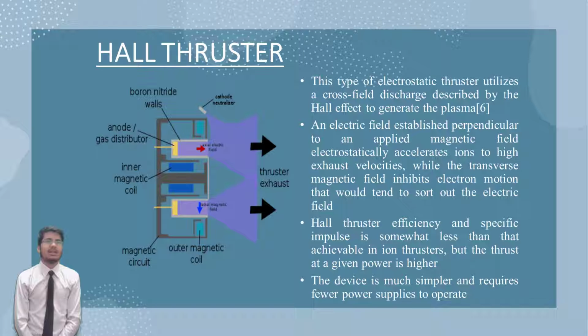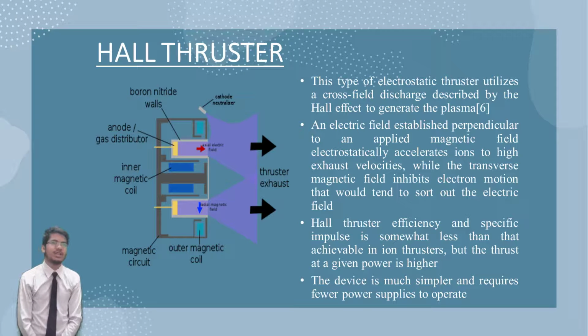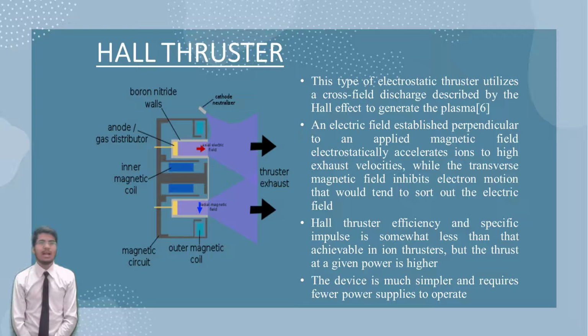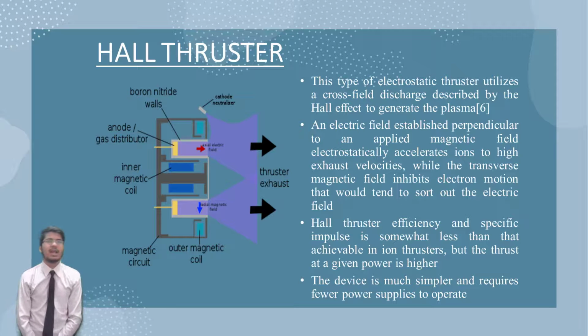Hall thrusters. This type of electrostatic thruster utilizes a cross-field discharge described by the Hall effect to generate the plasma and an electric field established perpendicular to an applied magnetic field. Electrostatically accelerated ions reach high exhaust velocities while the transverse magnetic field inhibits the electron motion that would tend to short out the electric field.